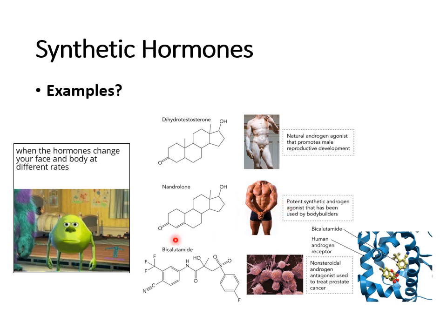Then we have bicalutamide, and that one points out that instead of an agonist, it's an antagonist. And so androgen antagonists are going to bind and block the receptor that you're looking at. So in this case, it will block the male associated hormone, okay, the androgen that would bind to that receptor.